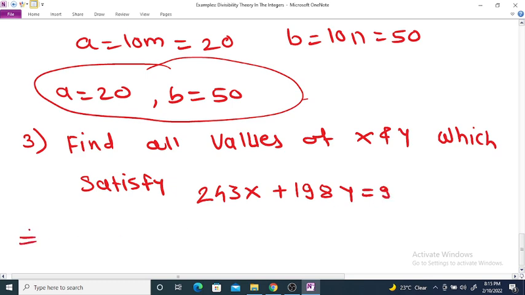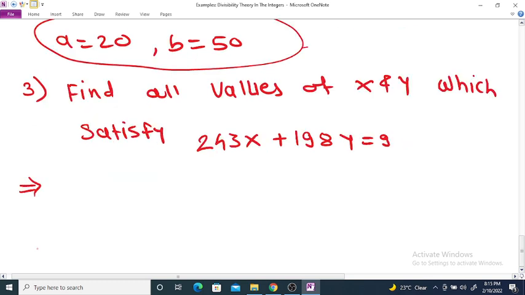Again we are going to apply the GCD theorem. We consider here A is equal to 243 and B is equal to 198.